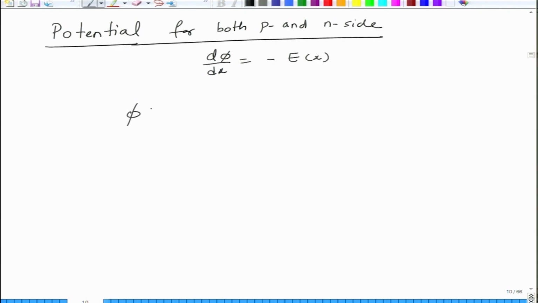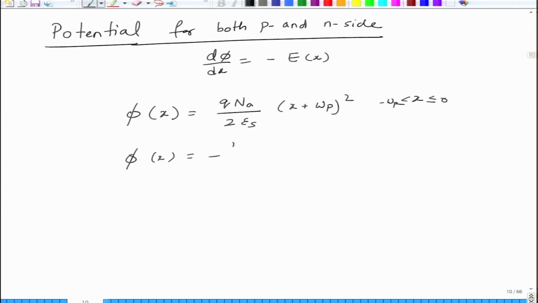I will not do that, but you will obtain for the P side phi x as q N A divided by 2 epsilon S into x plus Wp squared, for x less than or equal to 0 and greater than or equal to minus Wp. And for the N side you will obtain phi x as minus q N D divided by 2 epsilon S into Wn minus x squared plus Vbi, okay.